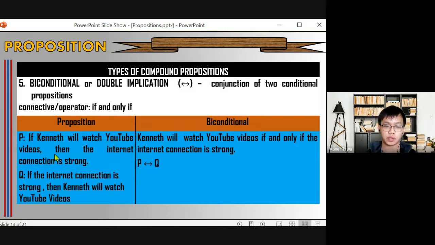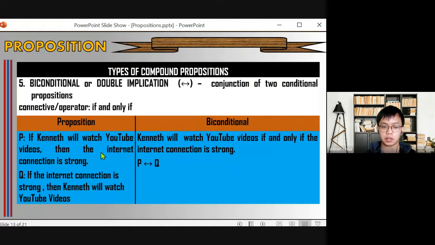So if we're going to observe these two propositions, just stated the other way around. Yung P, nagpalit yung sa Q, nagpalit yung dalawang proposition. So pag ganyan yung dalawang propositions, we can write them as one. Or pag ganyan yung dalawang conditional proposition, kung saan nagpalit lang yung if statement, yung if statement sa first proposition natin naging then statement sa second proposition.